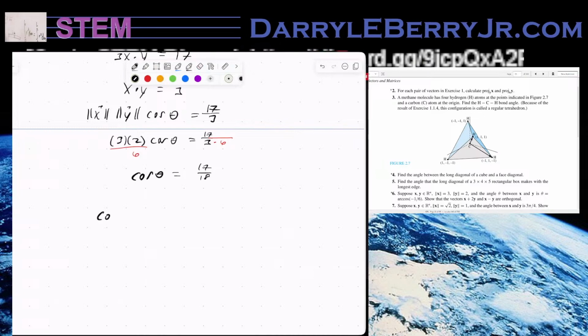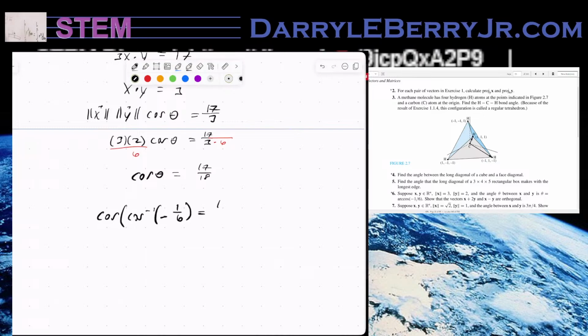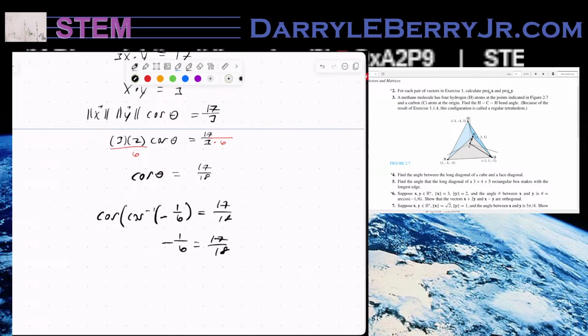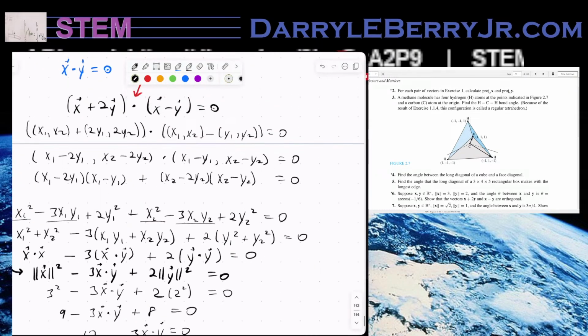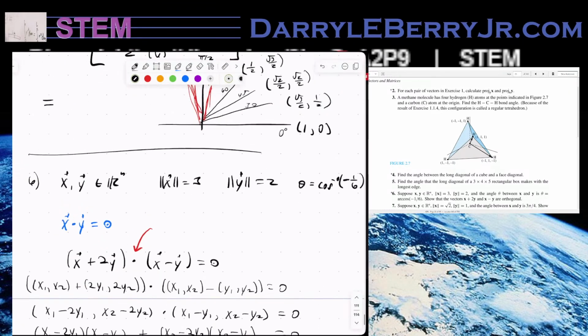So that means that's cosine of cosine inverse of negative 1 over 6 equals 17 over 18. Right, so I did some math incorrectly somewhere up in here. Let's see what I did. I think the general idea is right.